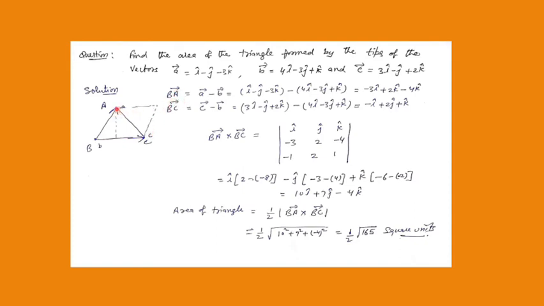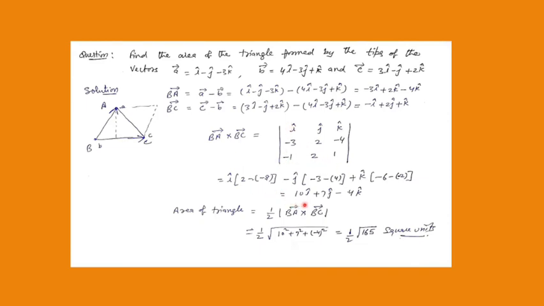It means this coordinate is given, this coordinate is given, this coordinate is given. So I will find BA by simply subtracting A minus B. This is simple subtraction. I am getting the result minus 3 i cap plus 2 j cap minus 4 k cap. Similarly, for finding BC, you have to do C minus B, and you will get the value. And finding the cross product, I think, is very clear to you now.